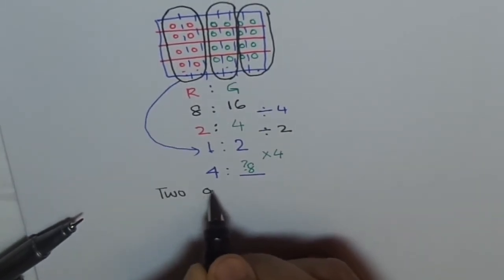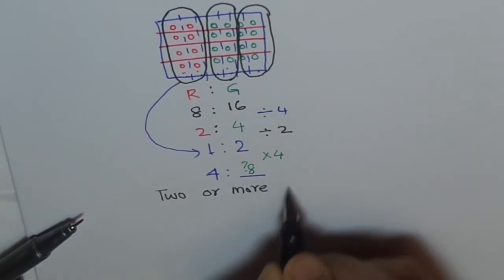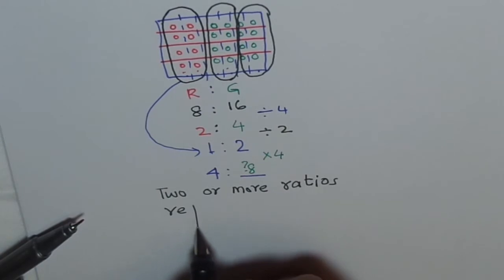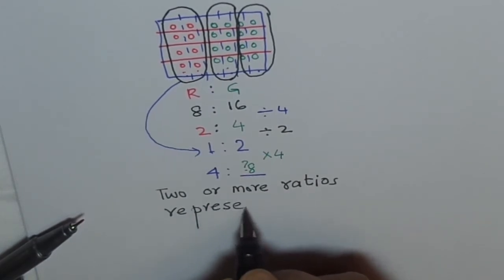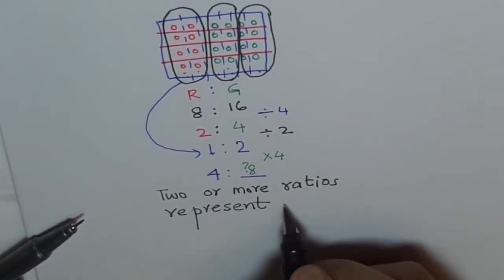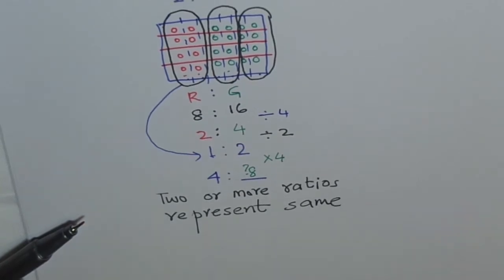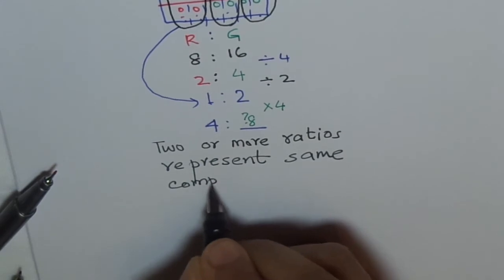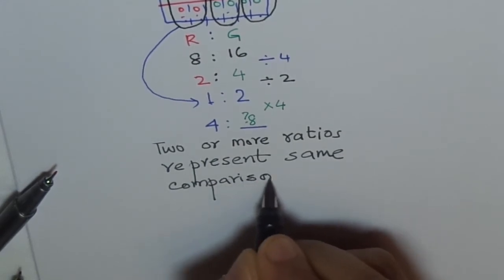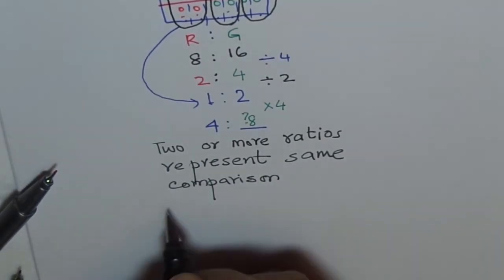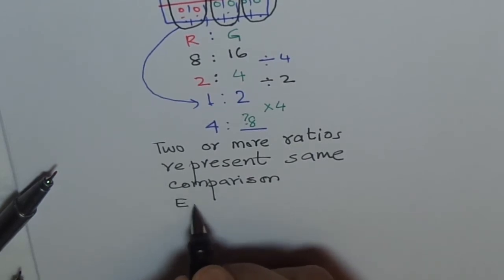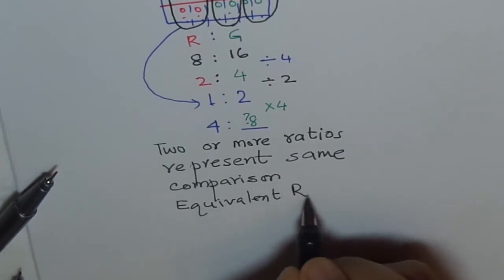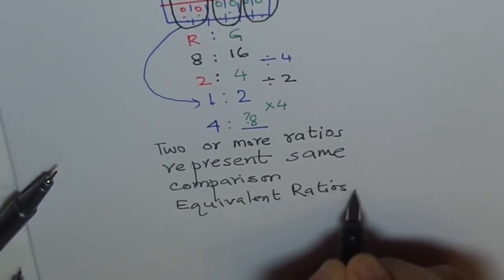When two or more ratios represent the same comparison, right? Then what do we say? We say they are equivalent ratios. Do you get it? They are equivalent ratios.